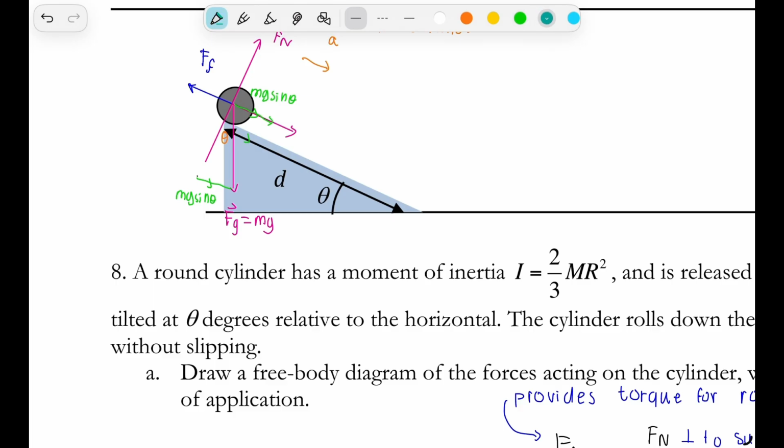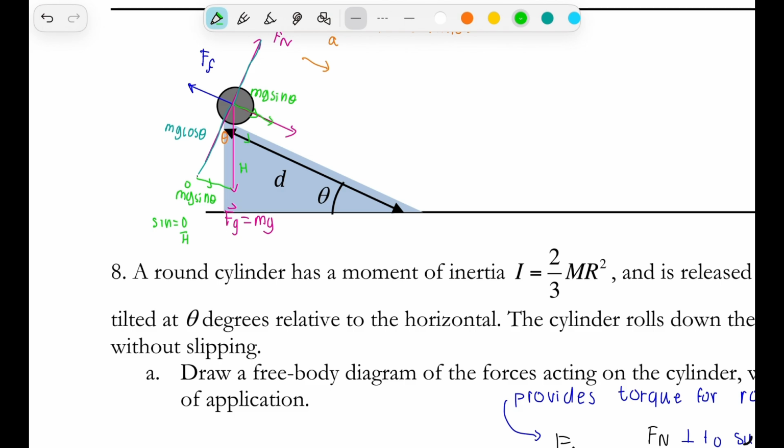And this vertical part is mg cosine theta. The reason for this is because sine is equal to the opposite over the hypotenuse, and this is the opposite, and we also know our hypotenuse, which is gravity.